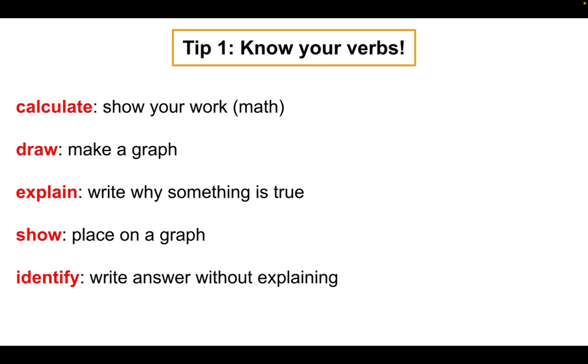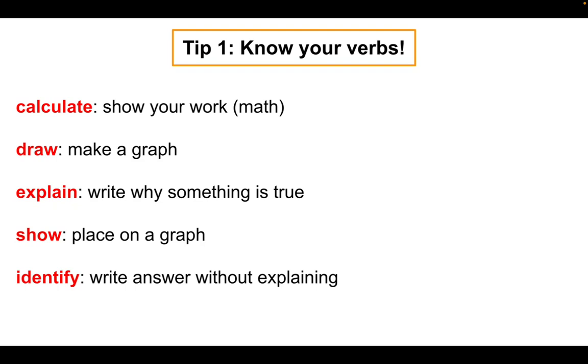We'll talk about graphs here in a minute, but that's what draw means. Explain, you see this one a lot as well, which means write why something is true. So kind of inserting that word because, right? If I said, John has the comparative advantage in producing textbooks, well, why does John have that comparative advantage?